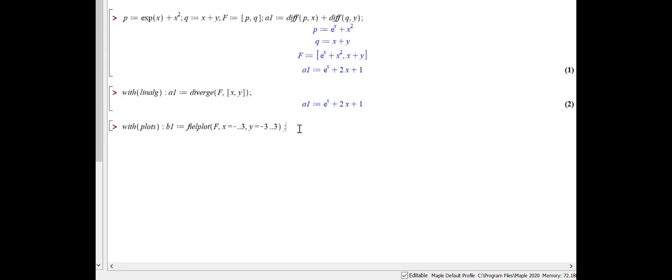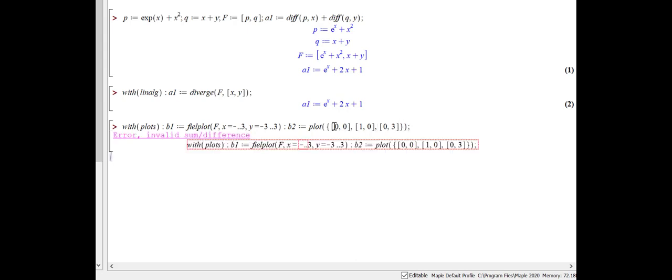Now I can use the region I plot when I put in V2 equal to plot the region, the vertices I put in brackets, 0 and 0 first vertex, and then 1 and 0 and 0 and 3. Now I can run.